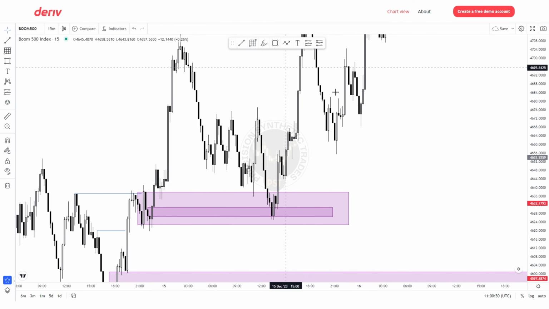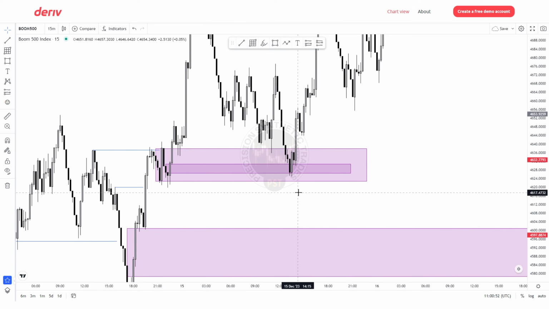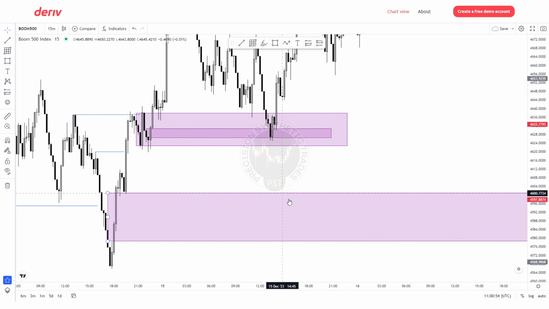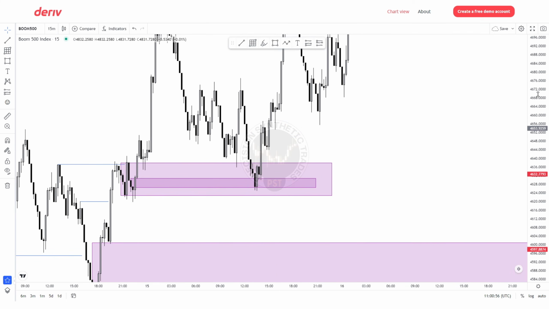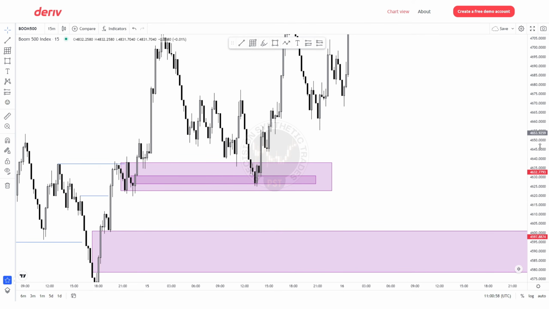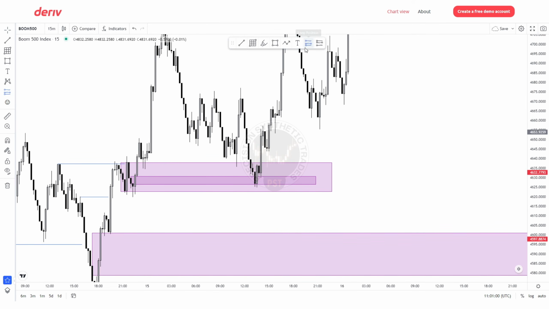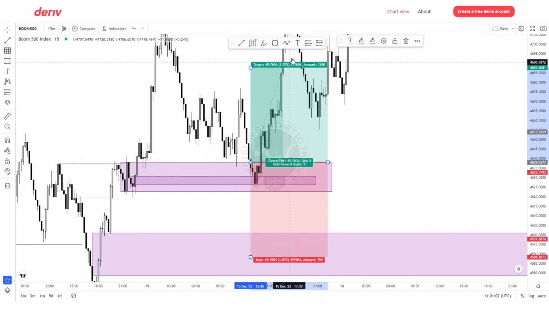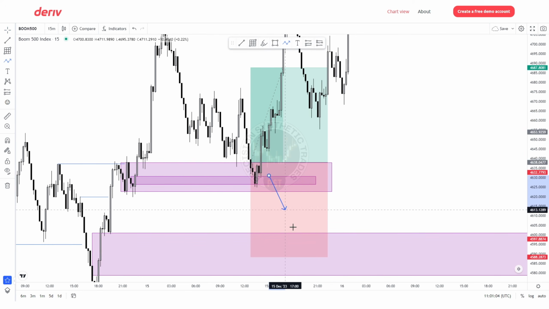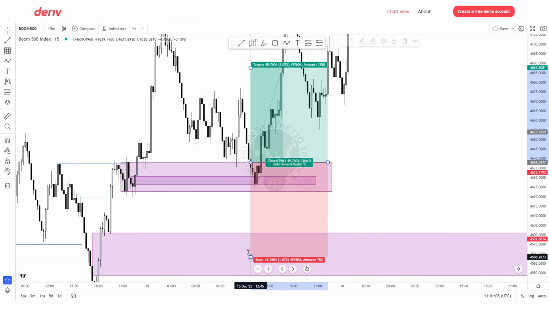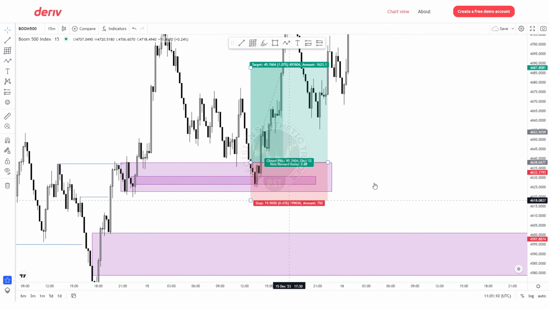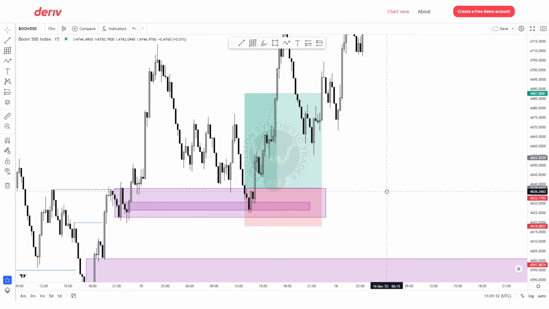So if this trade doesn't play out, you will get stopped out, and I would look for my entry here. So not all trades are going to play out. You are going to get losing trades. For example, if you entered here and price literally did this, then you would have a losing trade. Why? Because you would put your stops there. So then you would have a losing trade.